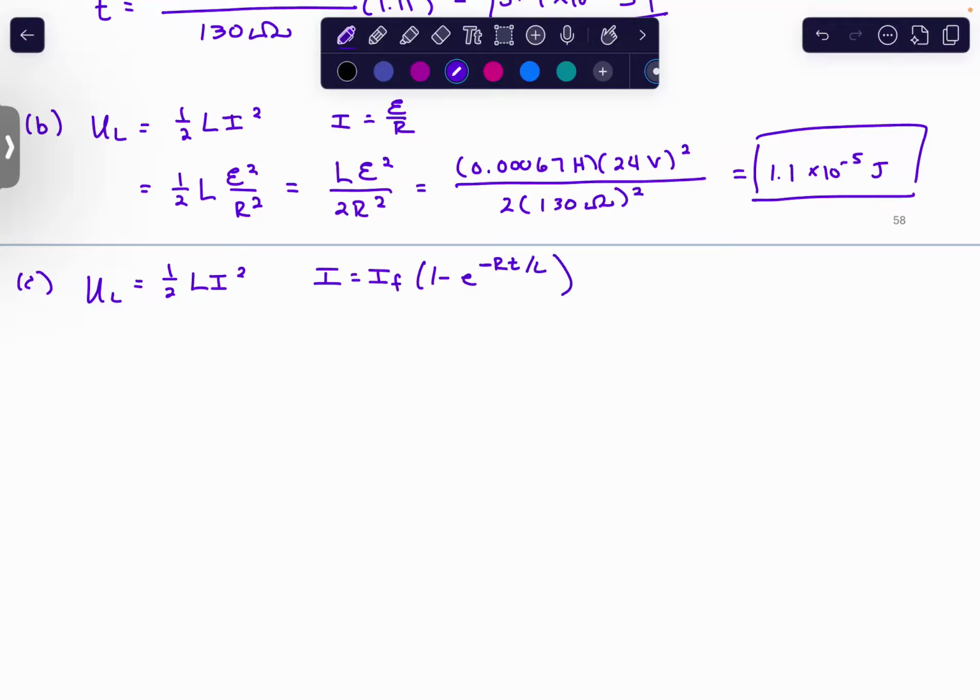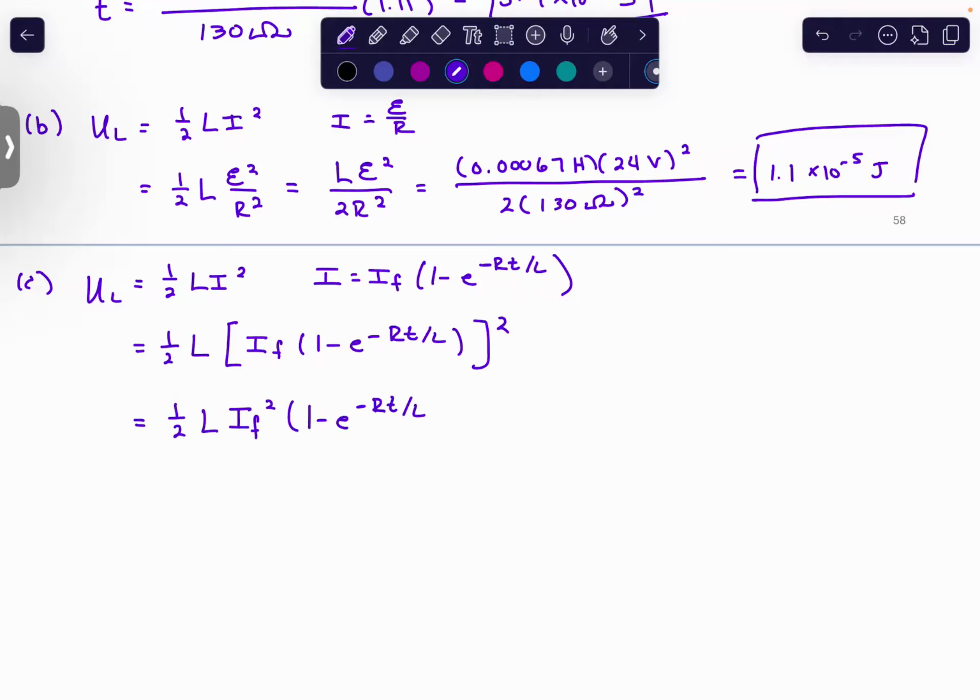Now let's see, 1/2 L. Now look at that there. 1/2 L I final squared.